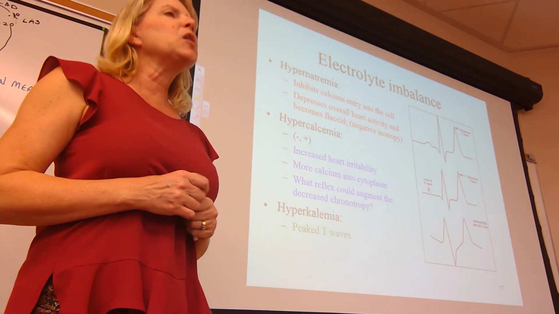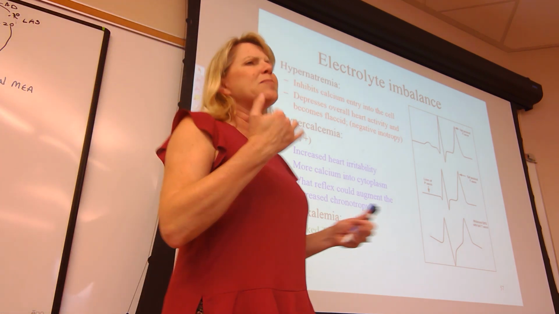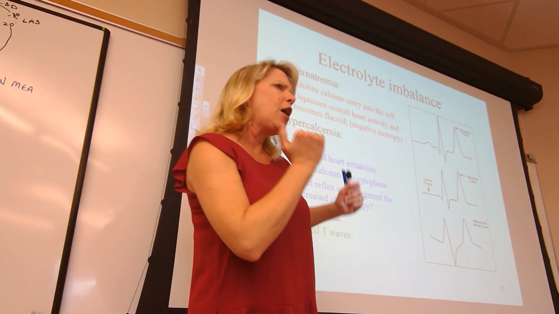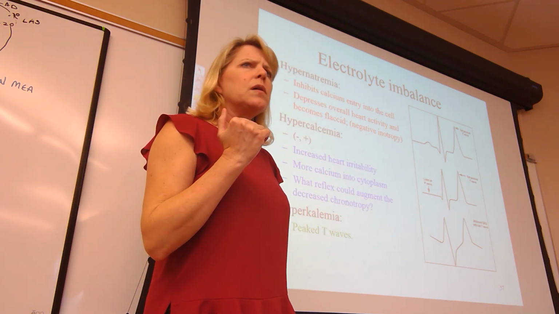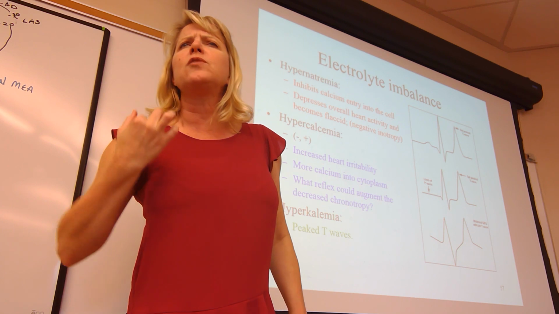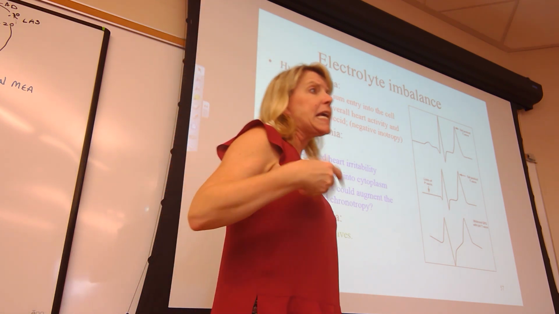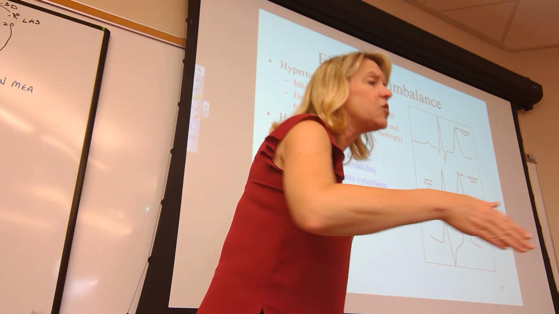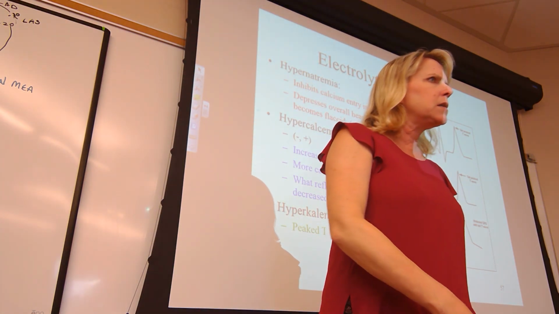If you have hypernatremia, I need you to know that the sodium can bully its way through the calcium channels. When the calcium voltage gated channels are open, if you have too much sodium, it can wiggle its way through those channels, and that means calcium doesn't get in.